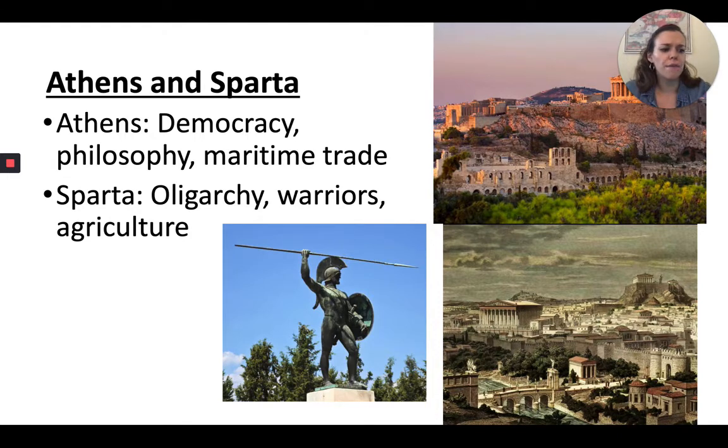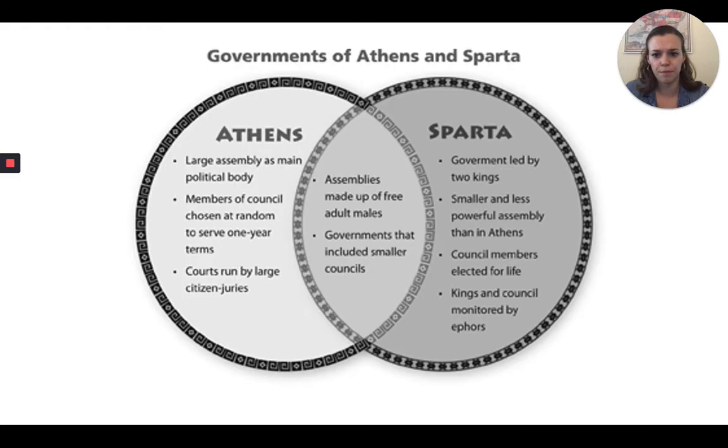So a Spartan's life is completely devoted to the state, right? If Athens is much more about individualism and pleasure, Sparta, you might hear about a Spartan lifestyle, right, is completely devoted to the state. No luxury. And you don't see significant intellectual or artistic development in Sparta. And in general, Sparta is going to be very cautious and isolationist.